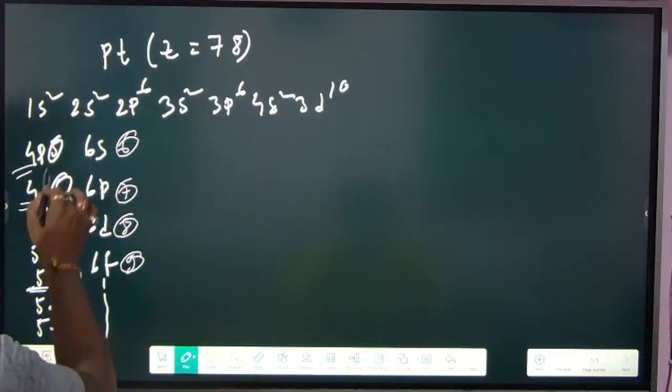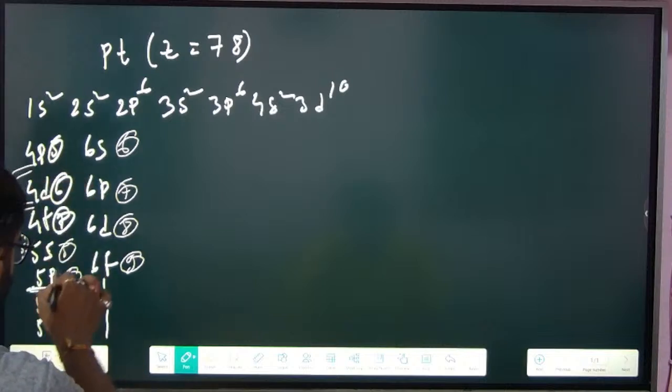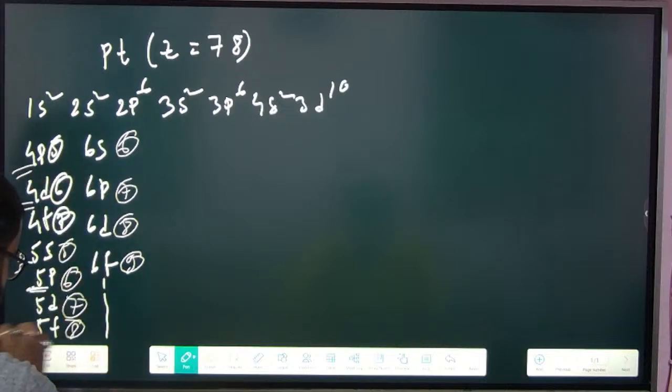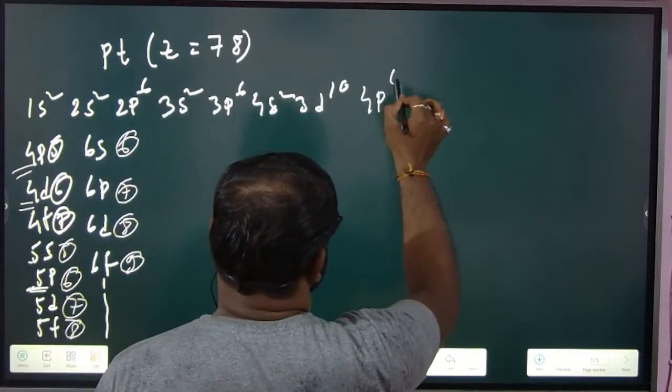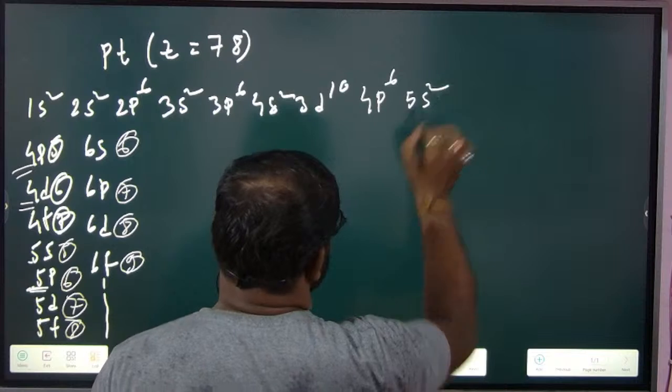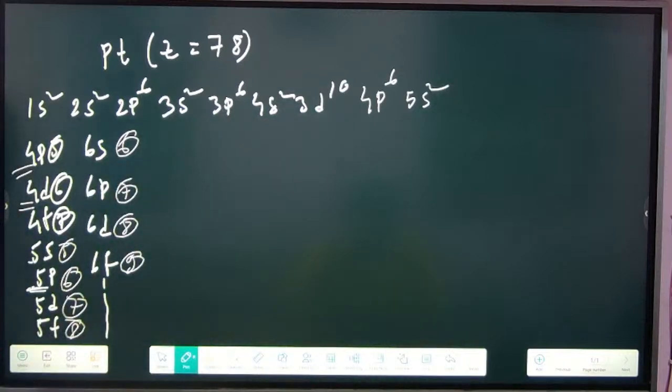The least possible value is 5: 4p, and then another 5 is 5s, no more here, so 4p will come first, 4p6, then 5s2, 5 is finished.